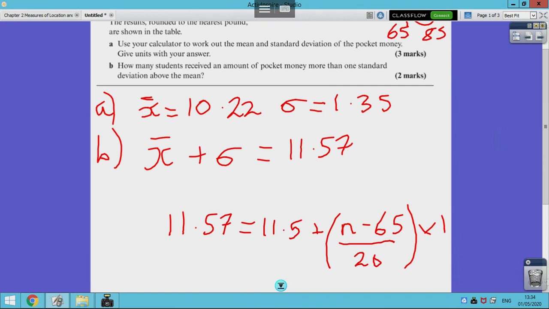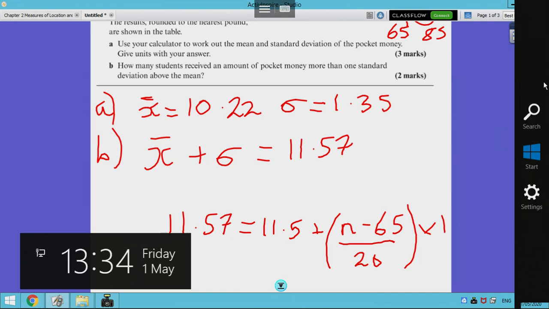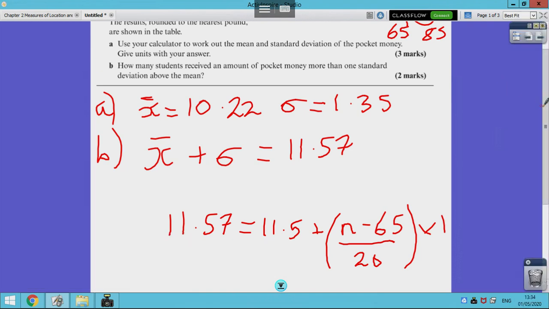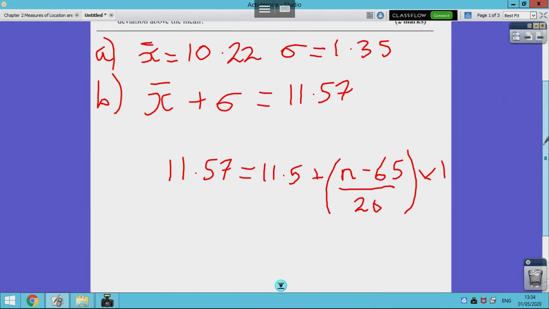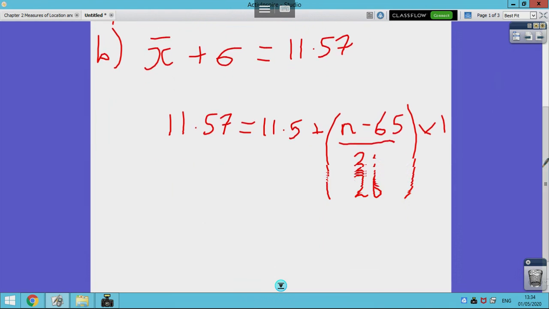You'll recognise this as the interpolation formula, but instead of finding your measure of location, you're finding the number. If you rearrange that by subtracting the 11.5, multiplying by the 20 and adding the 65, you get that n is equal to 66.4.